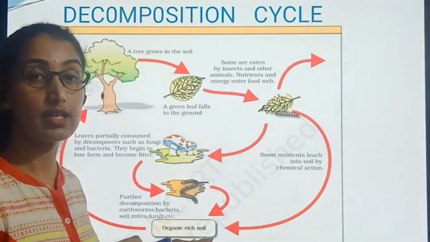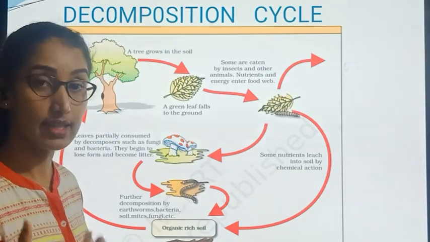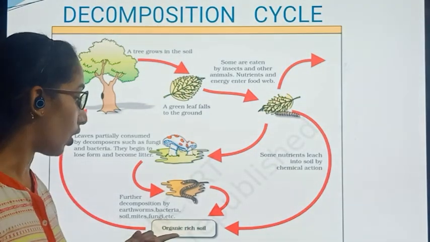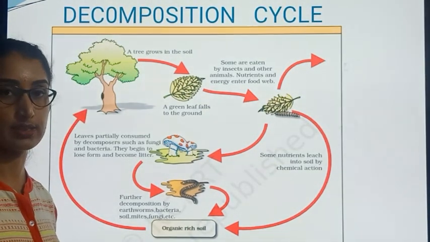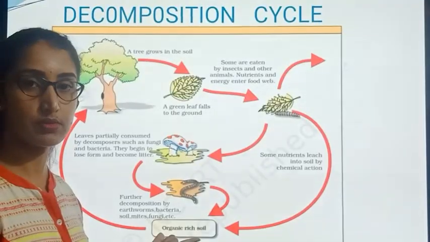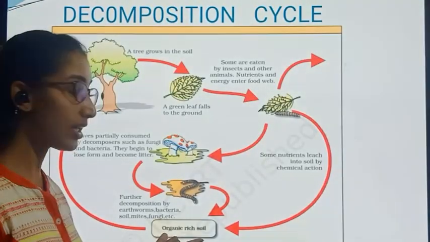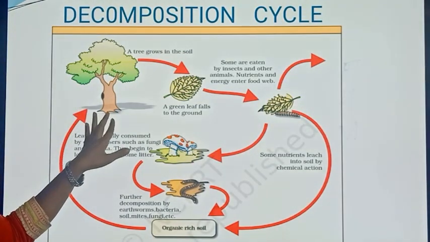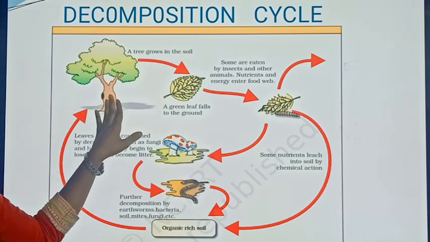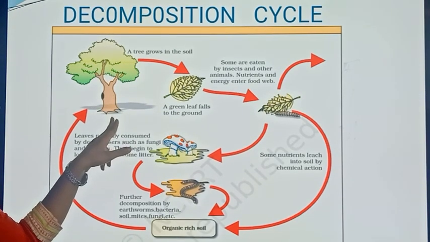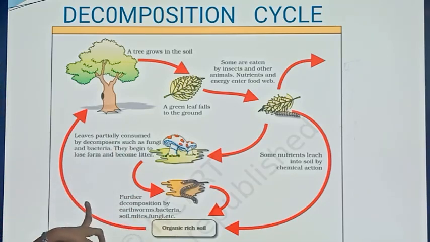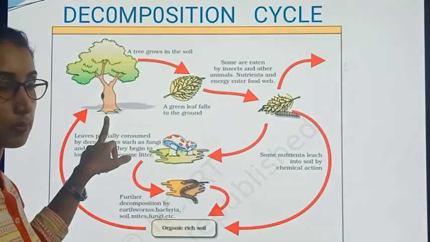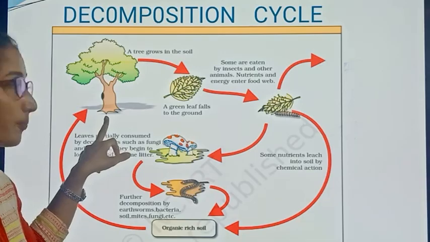Then what happens? It is converted into humus, and the soil becomes rich with organic substance. We have obtained organic rich soil, and that soil has minerals, and those minerals are again absorbed by the roots of the tree.